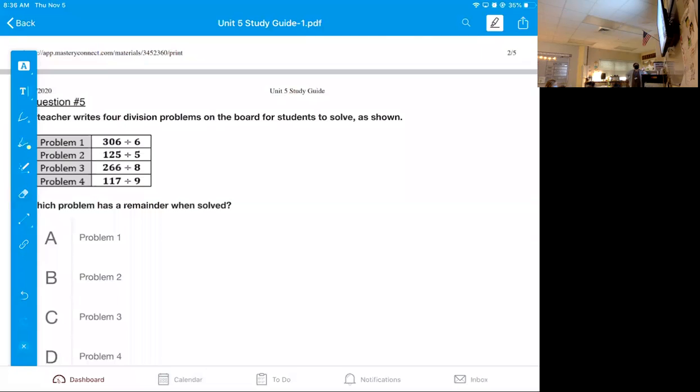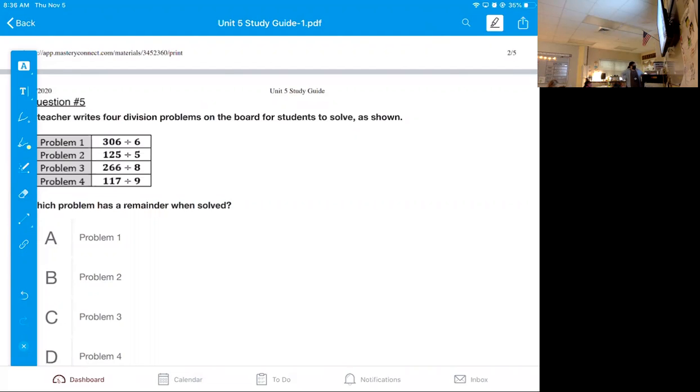Which problem has a remainder when solved? So you should have checked problem number 1 and worked it out. If it had a remainder, there was your answer, you could stop. If it didn't have a remainder, you should have gone on to problem 2 and worked it out and seen if it had a remainder. If it did, great, that's your answer. If it didn't, go on to 3 and then 4 if you need to.